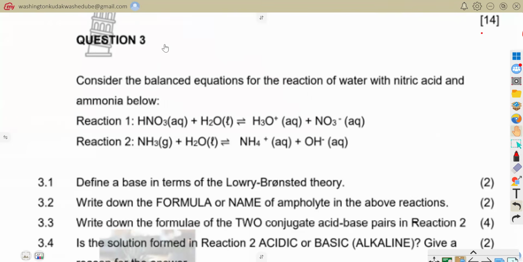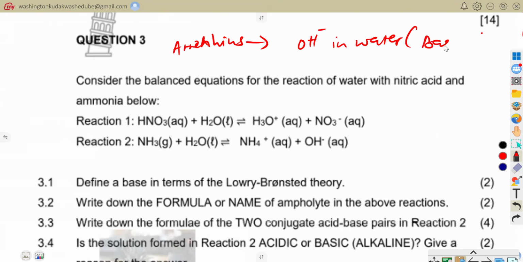We know that Arrhenius said that if you are to dissolve or dissociate a substance in water and it forms OH minus ions in water, that becomes a base.